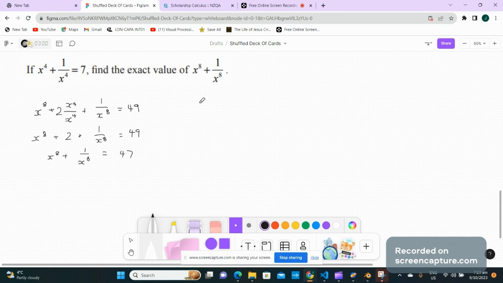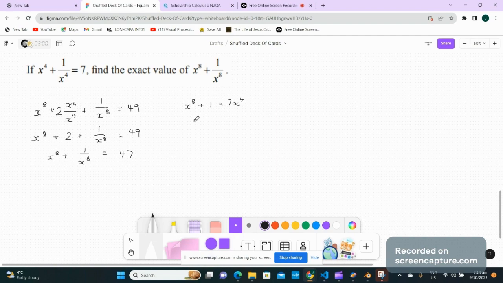So we're going to have x to the 4 times x to the 4, which is x to the 8, plus 1 over x to the 4 times x to the 4 is just going to be 1, and that's equal to 7 x to the 4.